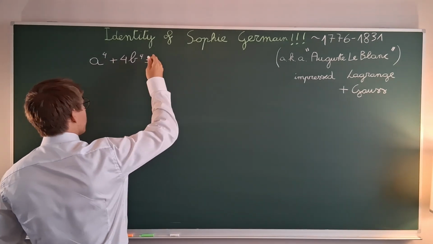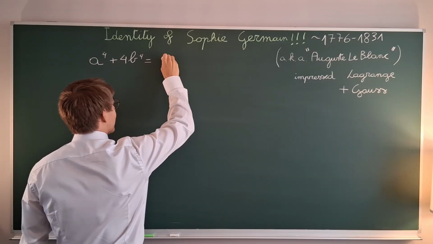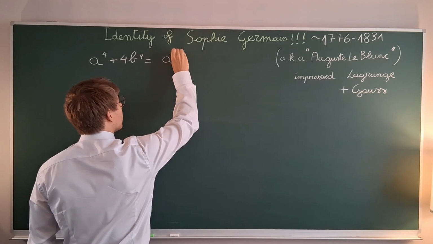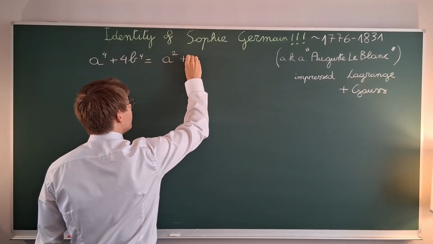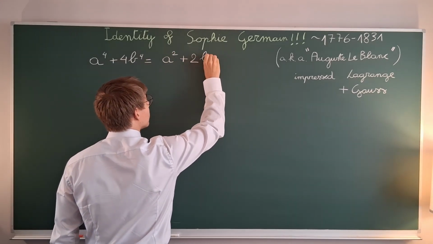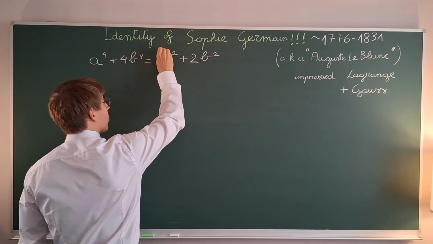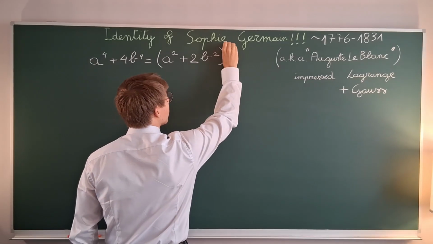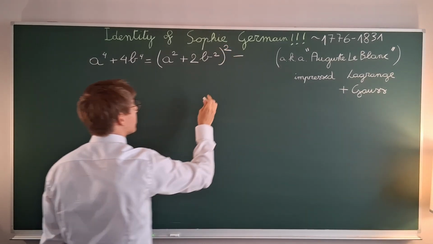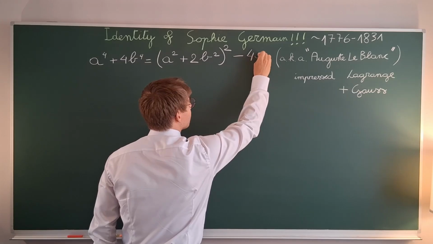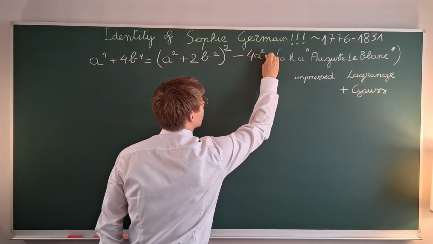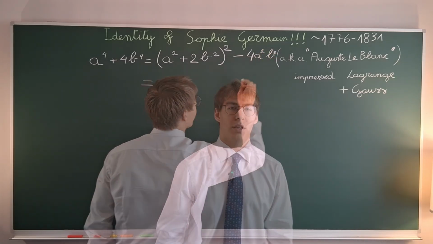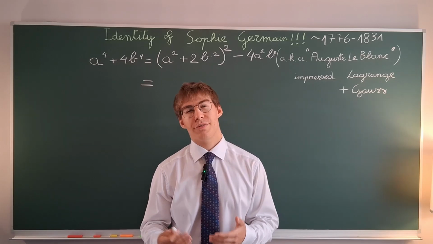She discovered that we can write the following as a squared plus 2b squared, and this whole thing squared, minus 4a squared b squared. Now this happens to be a difference of squares.